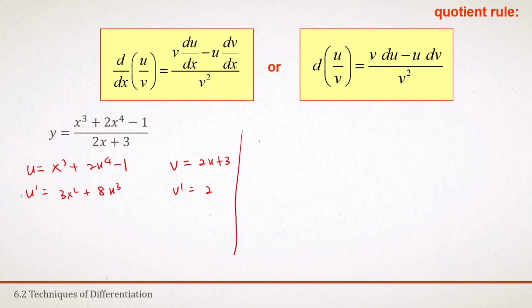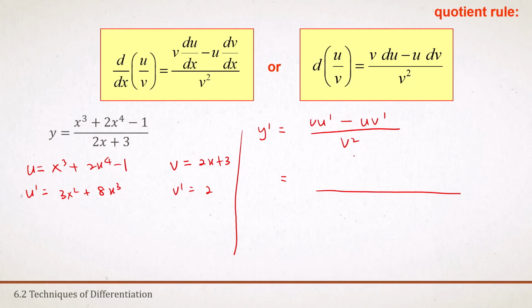Now applying the formula, y prime is vu prime minus uv prime over v squared. First thing, you will always draw a long line to have a numerator and denominator. I always write my v squared first, so my v squared is 2x plus 3 squared.